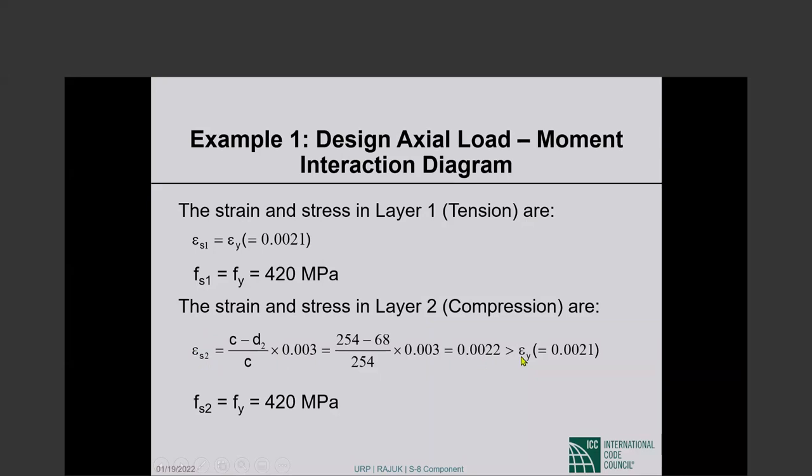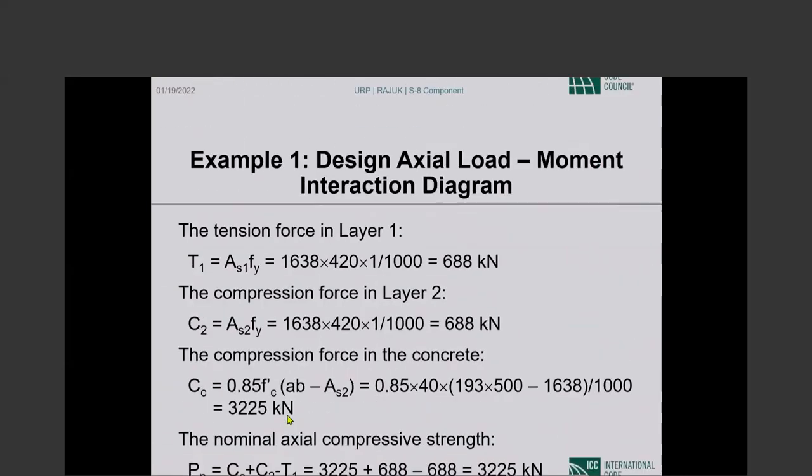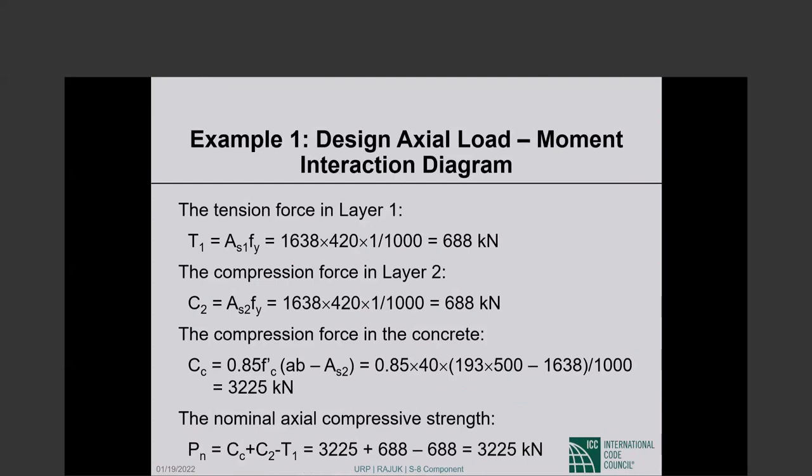The two top bars are now yielding in compression. The neutral axis depth is deep enough that those two bars are yielding in compression.